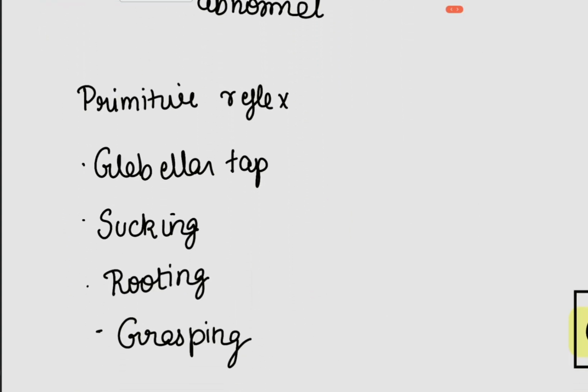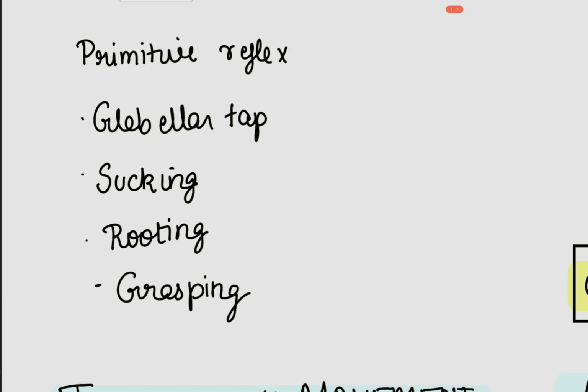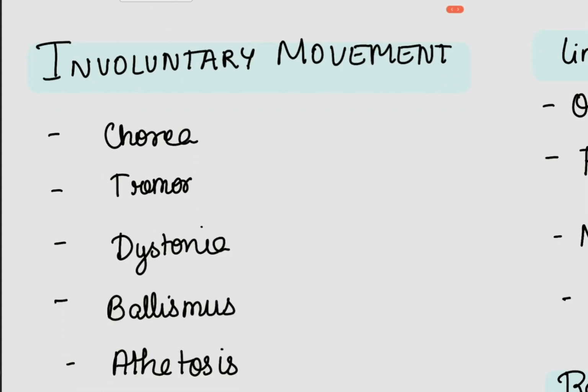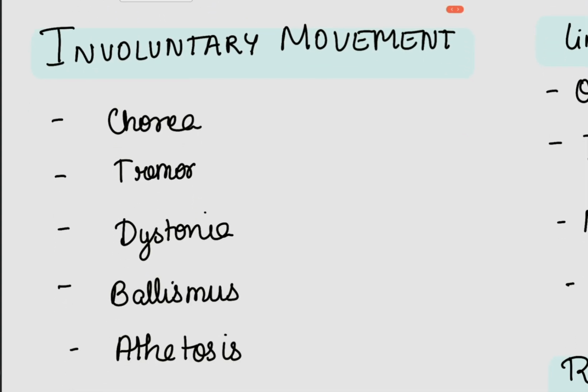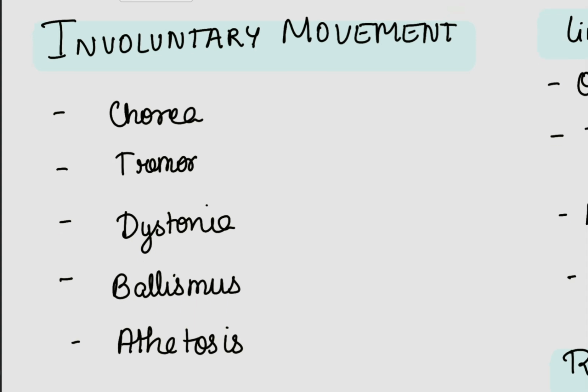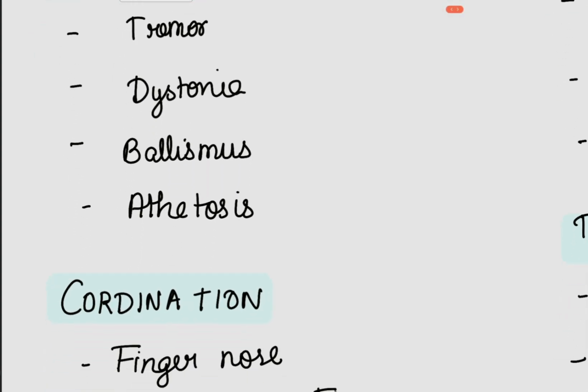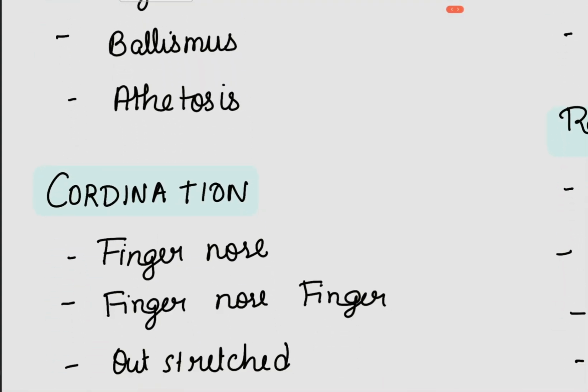Then we have primitive reflexes, which you basically see in pediatrics: glabellar tap, suckling, rooting, grasping. Then we have involuntary movements such as chorea, tremor, dystonia, ballismus, athetosis. Then we have coordination: finger nose finger, then outstretched hand.